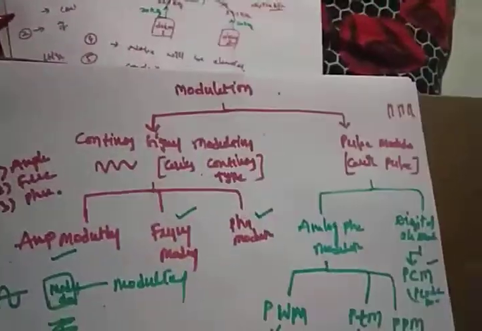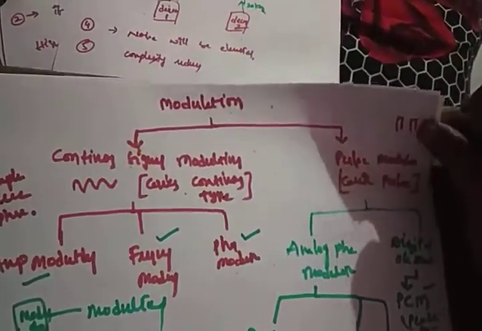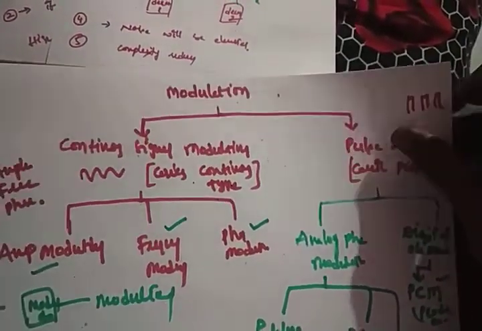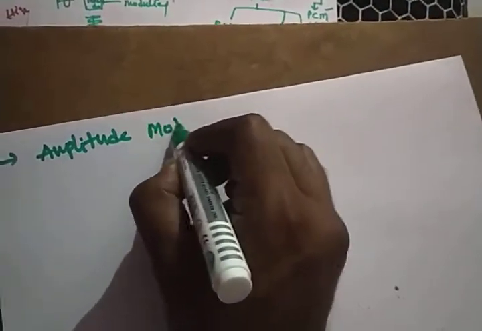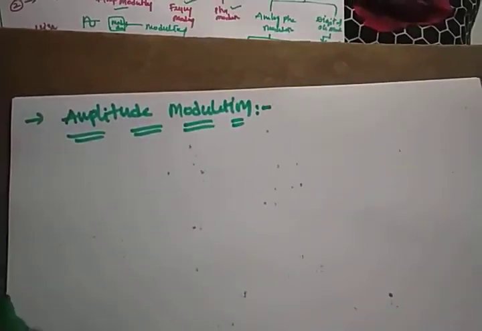So these are the things. Now we are going to discuss the basic types: amplitude modulation, frequency modulation, and phase modulation. Not that much important. Try to understand the basic thing. So amplitude modulation.